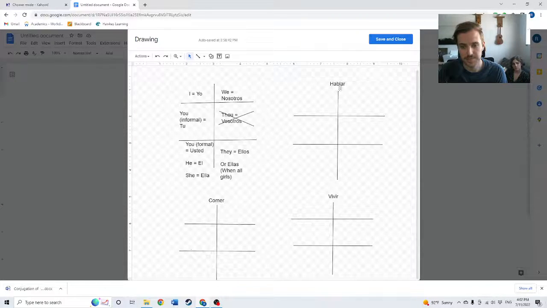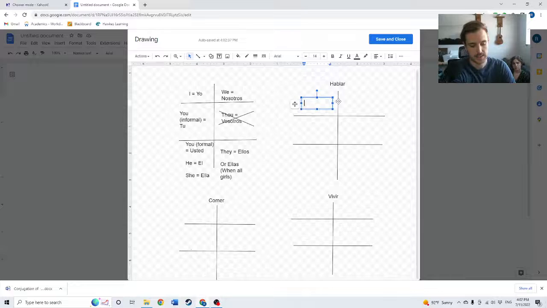In Spanish, hablar would also change, just as I would say I speak and he speaks. The word hablar, to speak, we would change as well. So let's go ahead and start with hablar, and let's see how we would say it.